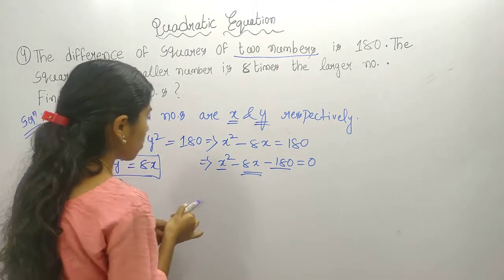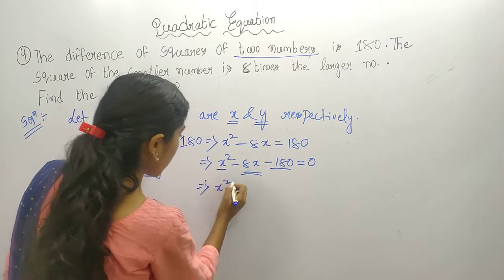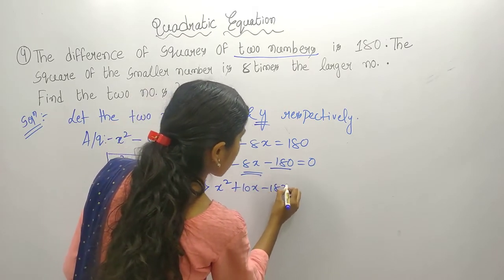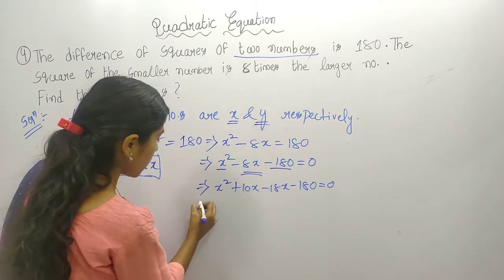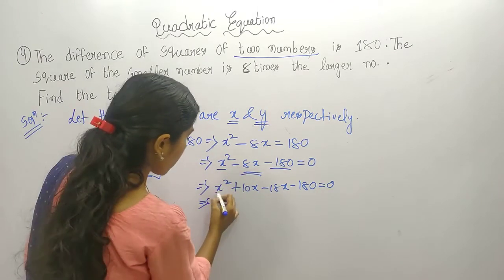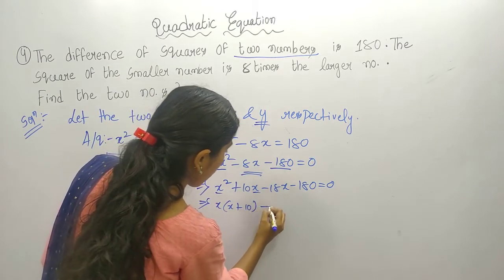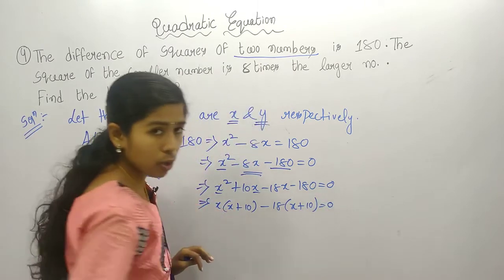So here you see, you take x square plus 10x minus 18x minus 180 equals 0. That implies x is common: x into x plus 10 minus 18 into x plus 10 equals 0.